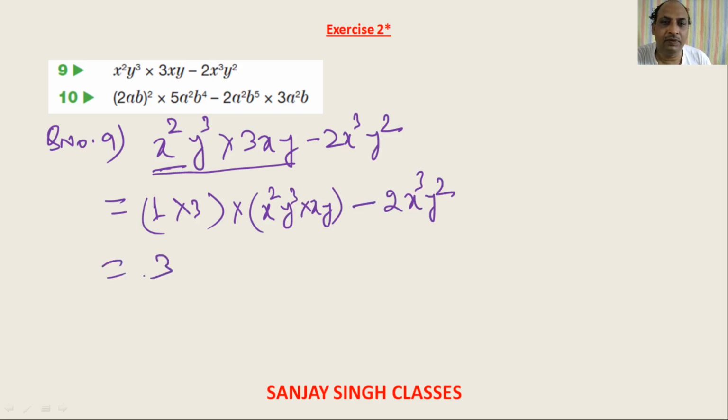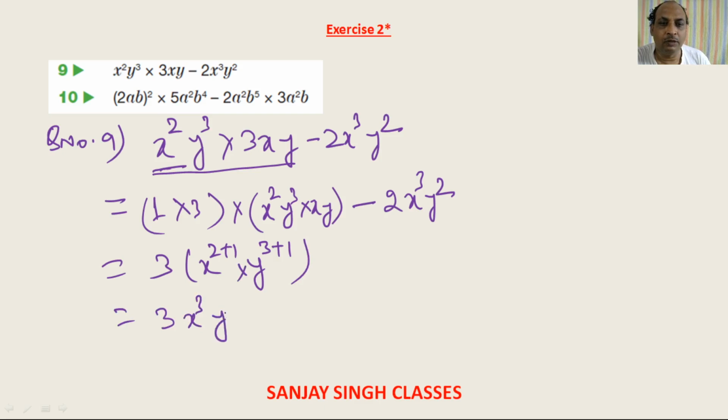This one will be giving us 3, then x 2 plus 1 and y 3 plus 1. This is giving to us 3x cube y to the power 4, minus 2x cube y square.